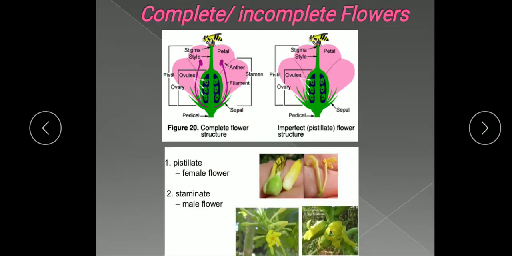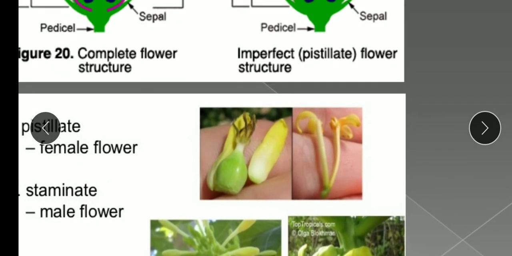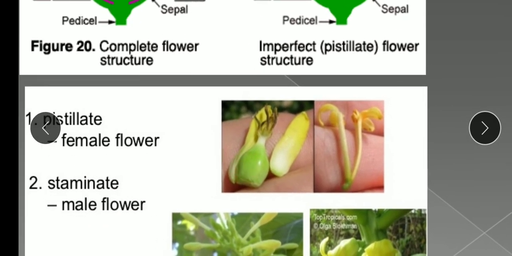Pistillate means the flowers bear only carpels, that is the female reproductive part, pistil. So they are known as pistillate flowers. And the flowers which have only stamens are known as staminate flowers or male flowers. This is the condition seen in the flower. You can see here only the gynoecium, the pistil is there, and here only the stamens are there.